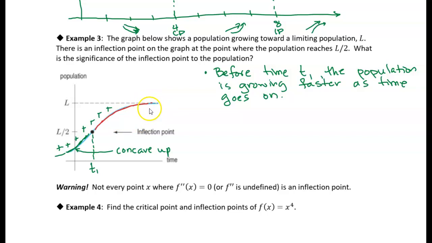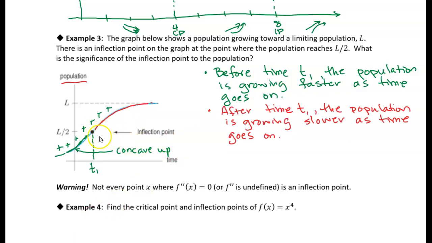Okay, the population growth starts to slow down. So this is the graph of the population. The derivative would be the population growth, and then the second derivative would be how fast the population growth is changing. Okay, so after this time t1, the population is growing slower as time goes on.